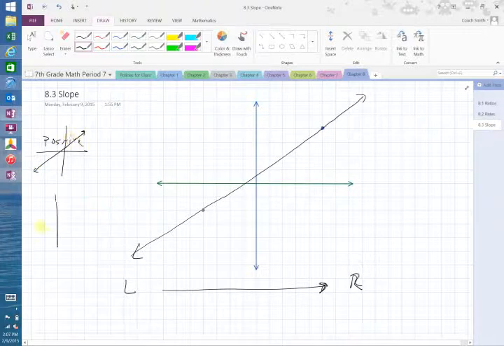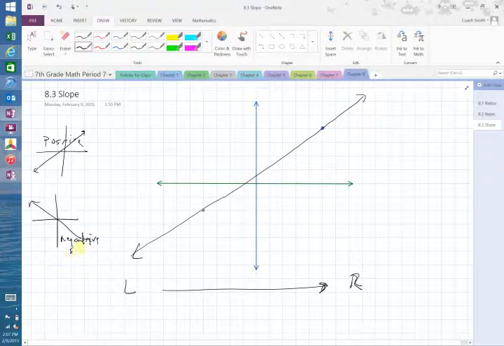If here's your graph, and the line goes like this, that would be negative slope. Okay? Now, that's if we're looking from left to right on both of these.